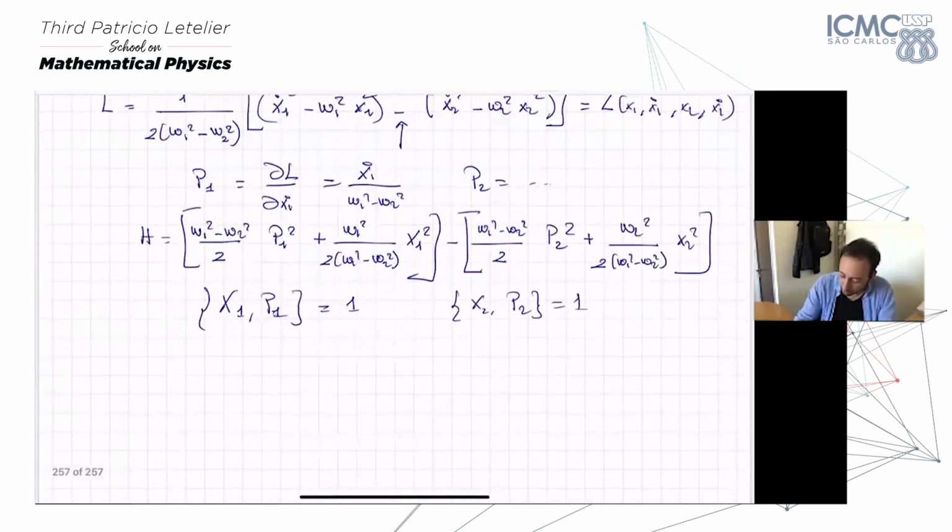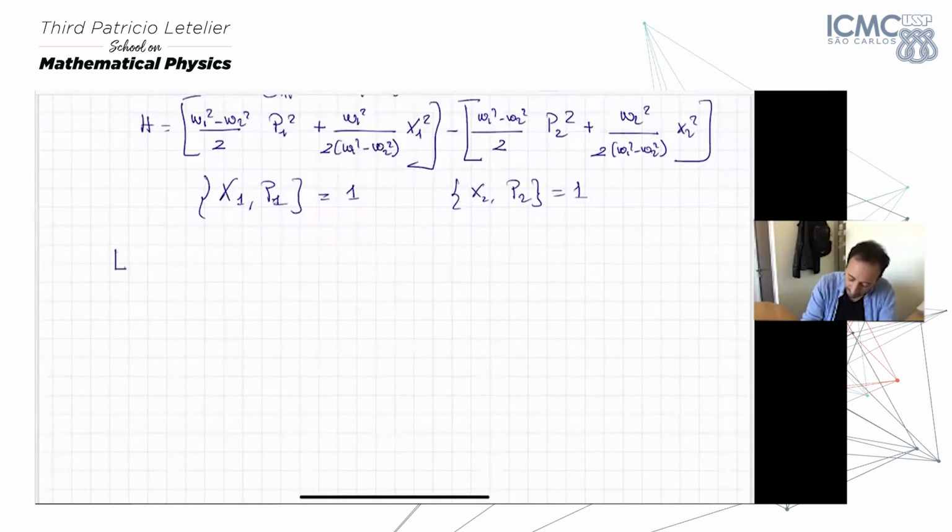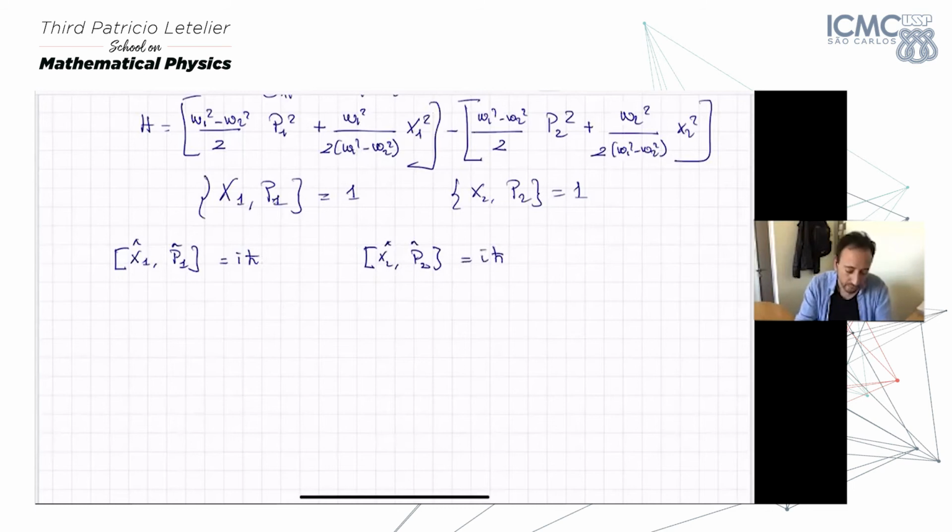For the canonical quantization, we replace that by operators, with the relation that this is equal to i h bar, and with x2, p2, also equal to i h bar. Okay. So from that, we can calculate; this is just the harmonic oscillator.